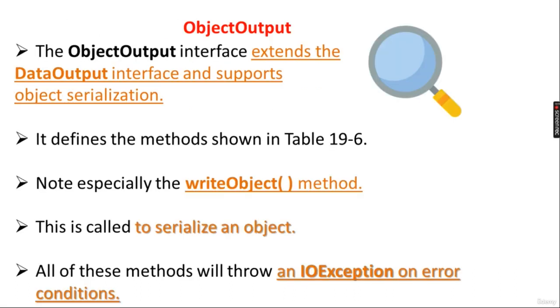Then we will see ObjectOutput. The ObjectOutput interface extends the DataOutput interface and supports object serialization. It defines these methods, especially the writeObject method, which is called to serialize an object.